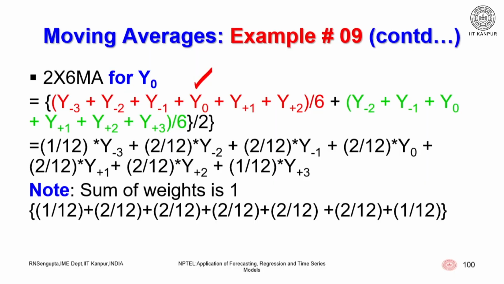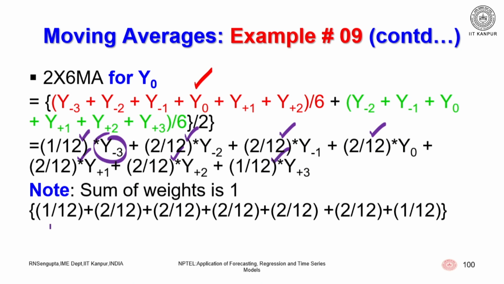So, first block, second block, when you do that, the corresponding weightages which come out would have the denominator 12, because it is 2 cross 6. The weightages would be: for y suffix minus 3 it is 1 by 12, for y minus 2 it is 2 by 12, y minus 1 is 2 by 12, y naught is 2 by 12, y plus 1 is 2 by 12, y plus 2 is 2 by 12, and y plus 3 is 1 by 12.